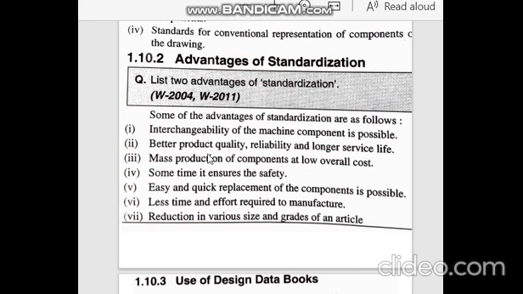For these purposes, standardization is used. And mass production of components. If you have standards, you will produce in mass, that means plenty, thousands and thousands of things.